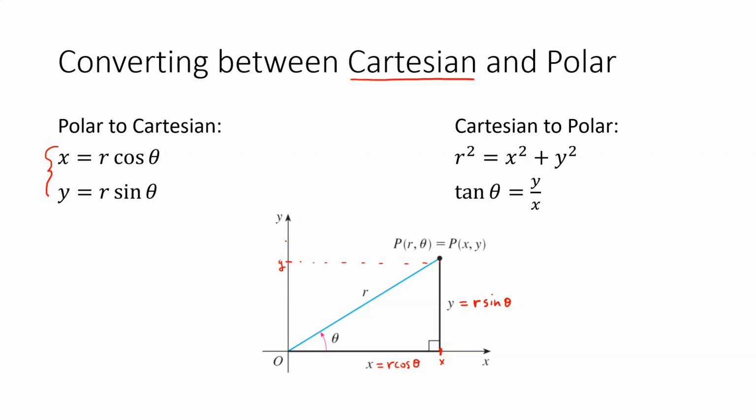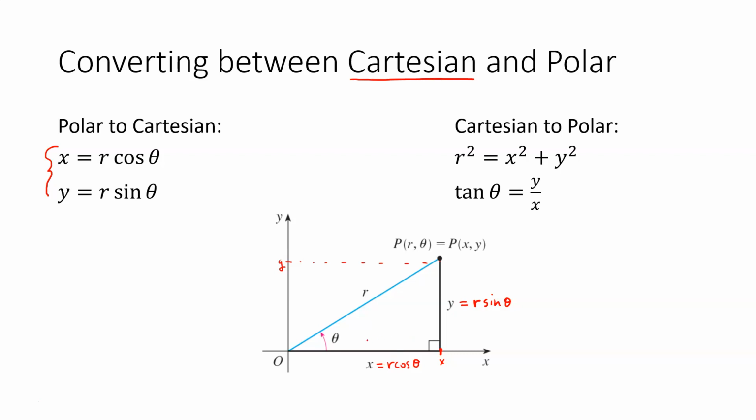Similarly, if I'm given an x and a y, we can use Pythagorean's theorem here to figure out what the radius r is. Because of course we know that it's a right triangle, so x squared plus y squared equals r squared. So that gives me a way now to find r given the x and the y coordinates.